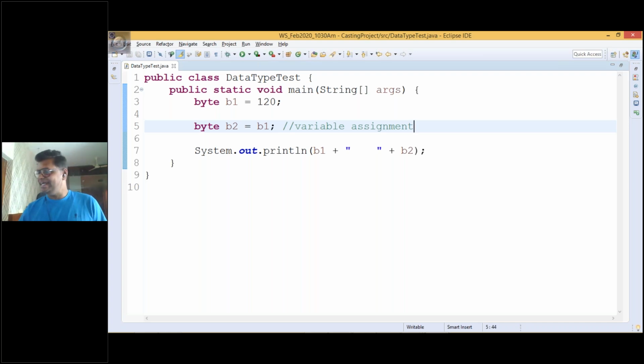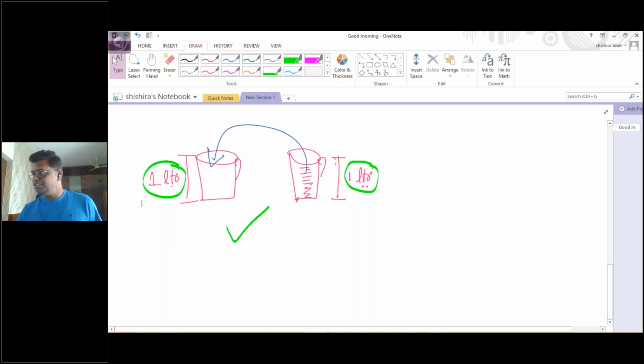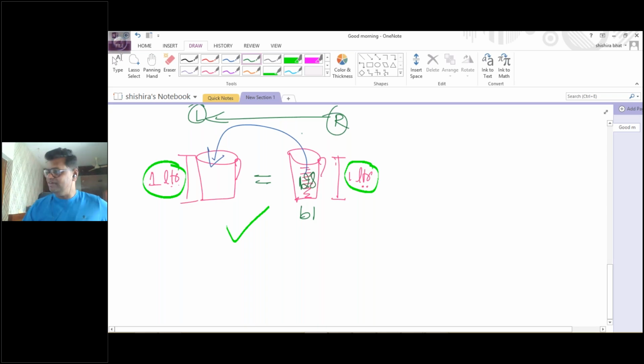This is called variable assignment. Diagrammatically representing: I have one variable called b1, storing the data 120. Assignment works from right to left. I take one more variable called b2, assigning the data from b1 to b2.